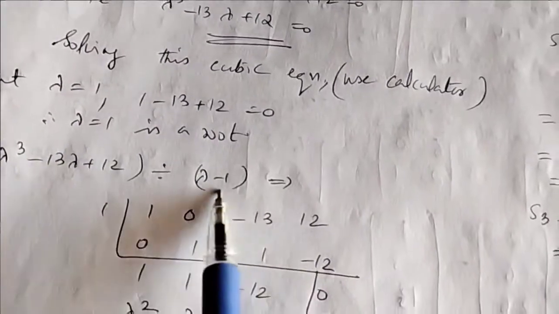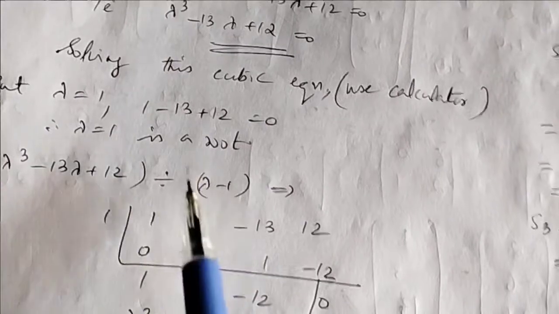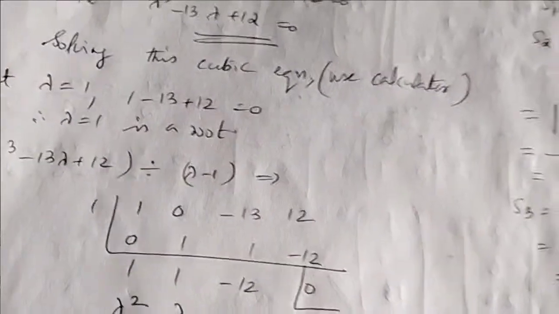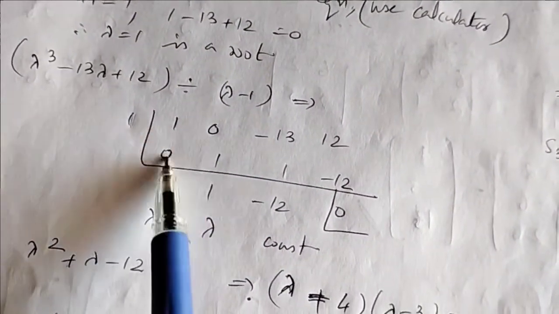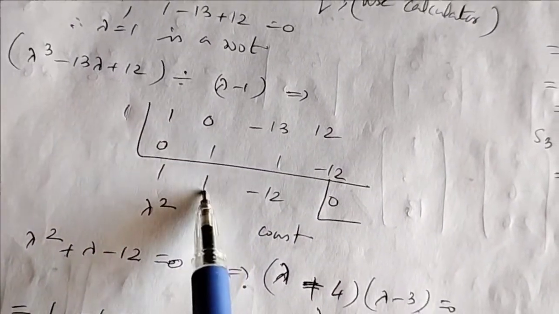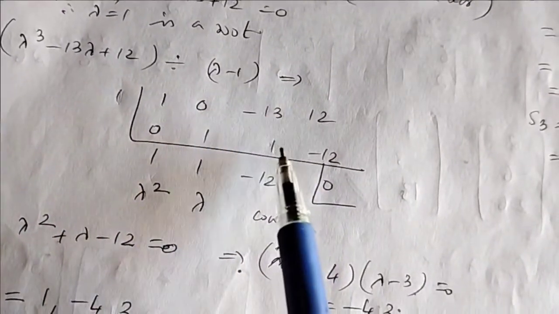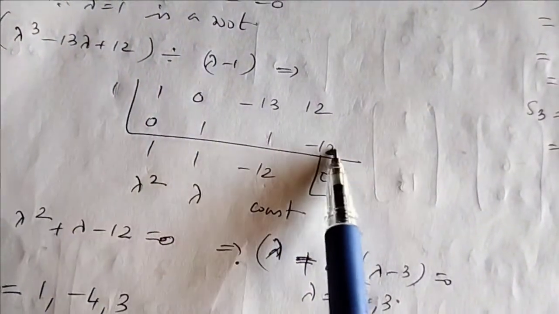Then divide this polynomial by lambda minus 1, because if lambda is equal to 1 is a root, lambda minus 1 will be a factor. So dividing by this term, writing the coefficients, then lambda is equal to 1: 1, then add 0 plus 1 is 1, 1 into 1 is 1, then minus 13 plus 1 is minus 12, then minus 12 into 1 is minus 12, adding gives 0.